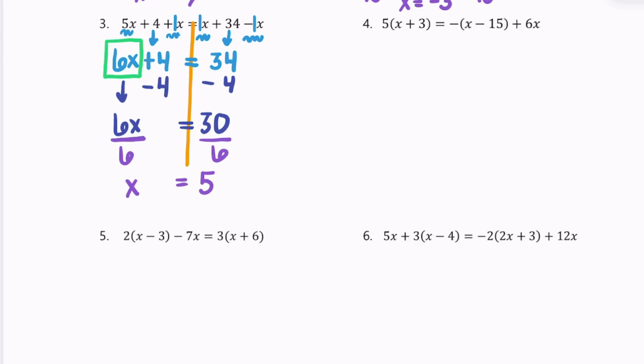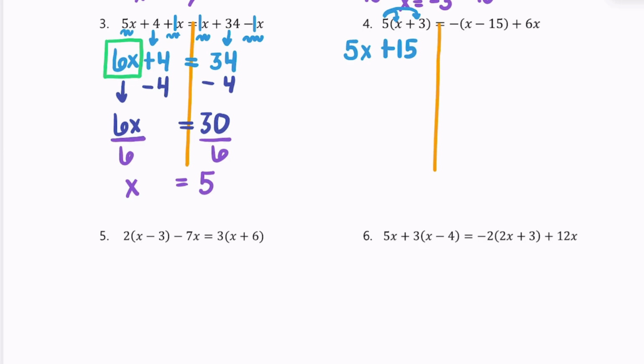Okay, number 4 has a lot going on. So I'm going to draw my line down my equal sign. I see on that left-hand side that I do have parentheses, so I want to distribute that 5. So that's going to become 5x, and then 5 times 3 is 15. And on that right-hand side, we see parentheses.